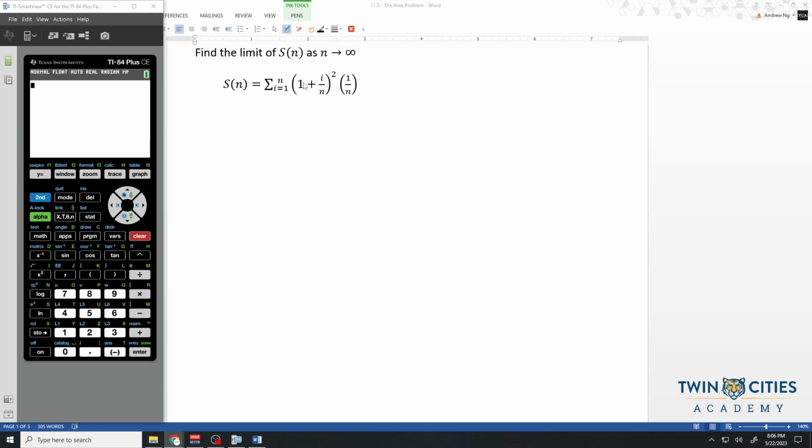So this would end up being n over n plus i over n, or putting this together, n plus i over n, and then that squared. Let's write that down. This is the same as the summation from i equals 1 to n of n plus i over n, this squared, and then I'm multiplying by 1 over n over here.